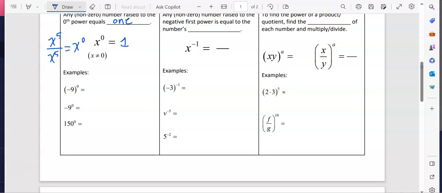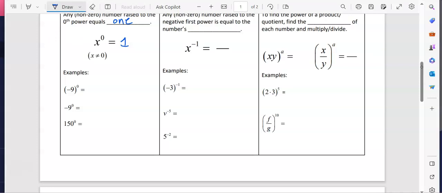But I also know that anytime I divide something by itself, I get 1. 6 divided by 6 is 1. A half divided by a half is 1. So that's why this particular rule works. It's coming from using that quotient rule, applying it where the exponents are actually the same.